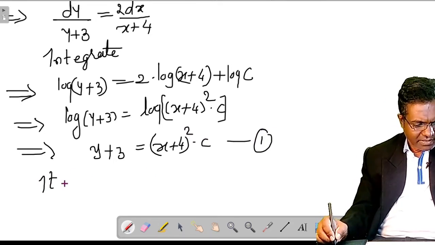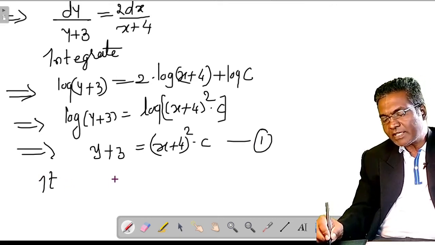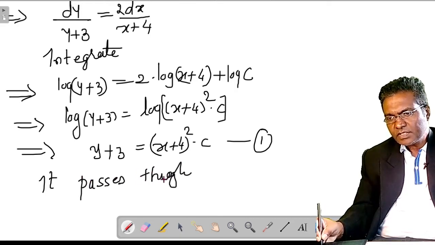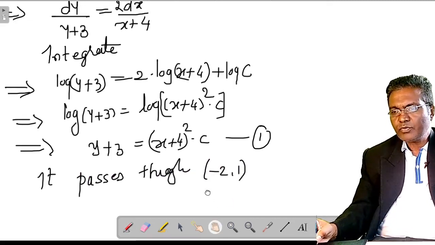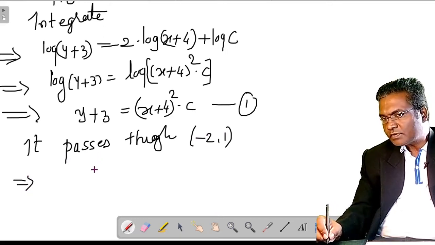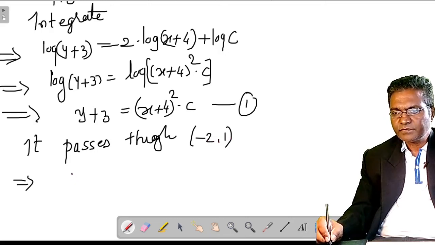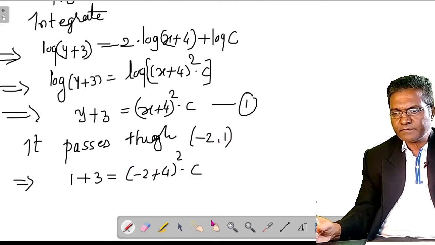Now it is given that it passes through the point (-2, 1). So substitute y as 1 and x as -2. This implies 1 plus 3 is equal to (-2 plus 4) whole square into c.